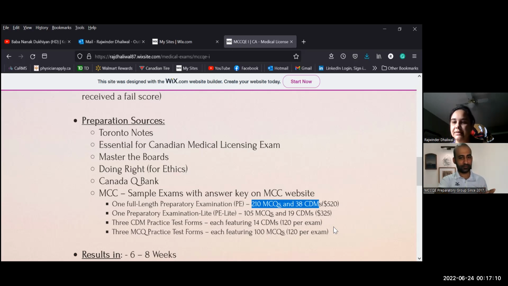That's exactly how the exam is going to be. It cost around $520. It is expensive, I totally agree. Almost half the price of the exam.